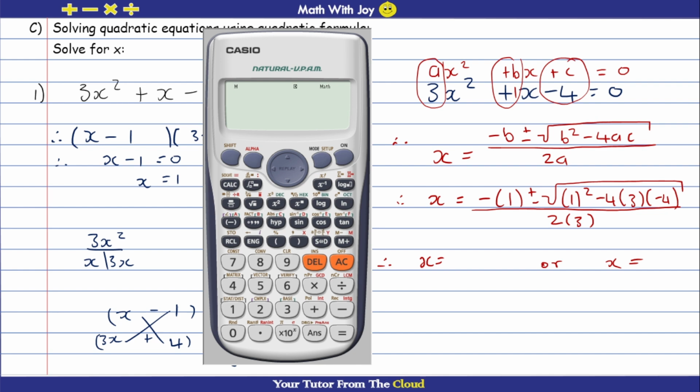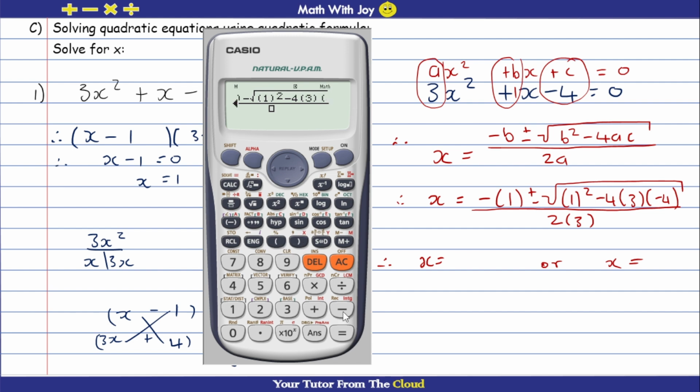All right, so what you want to do is punch in, use the fraction sign, and then let's put minus bracket 1 bracket. Then we're going to use the root as minus to get our first value. Then you say 1 bracket squared minus, and you can just punch it in as it is, or simplify it a little bit if you want.